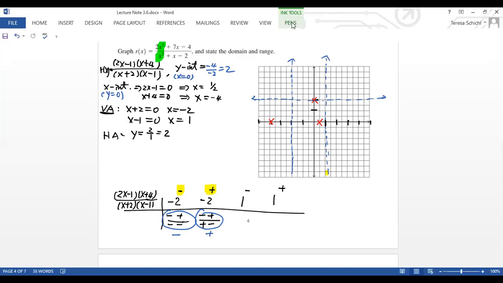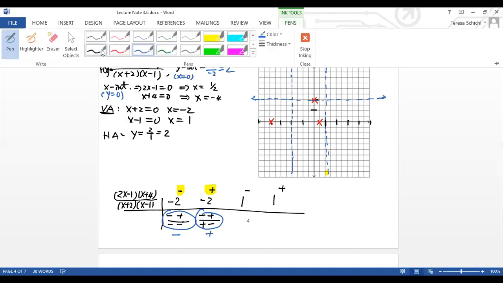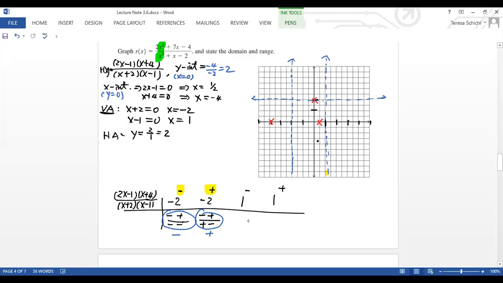Now let's look at the 1. If you choose 0 on the left-hand side of 1, it will be negative, positive, positive, negative. So for the left-hand side of 1, the whole thing is negative.